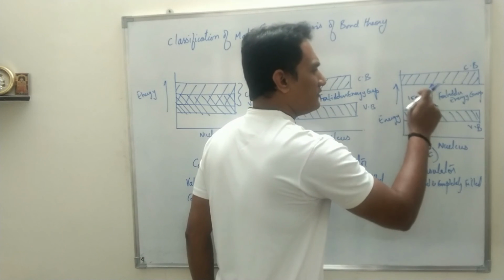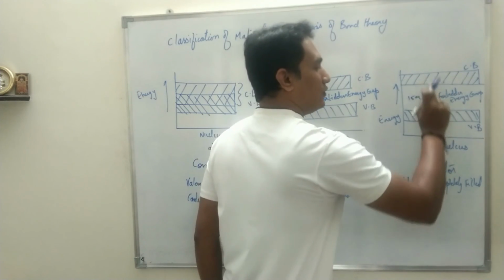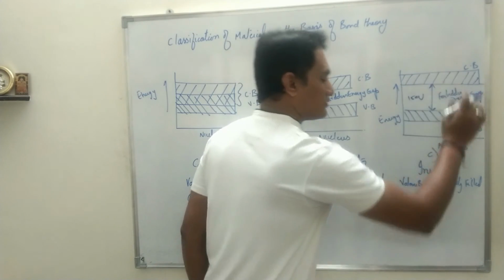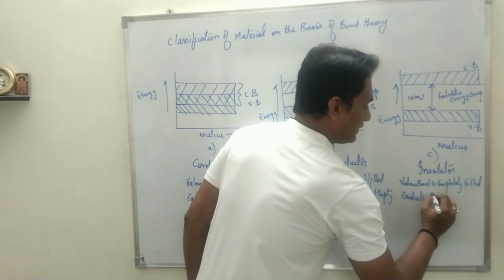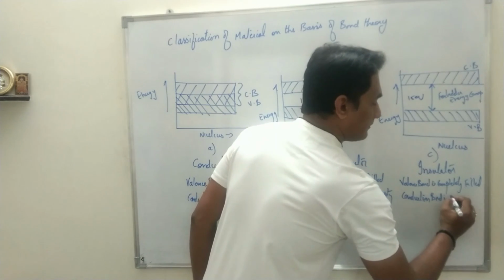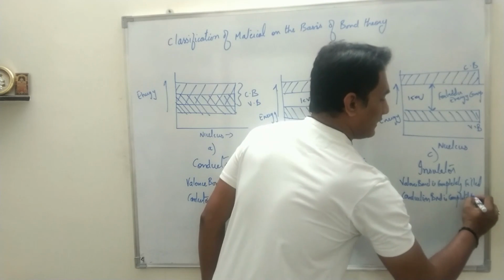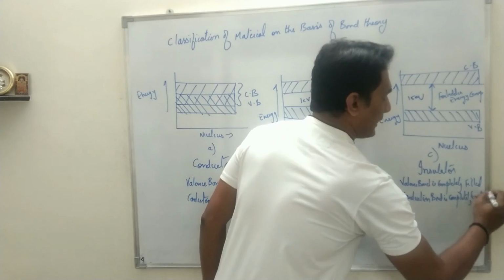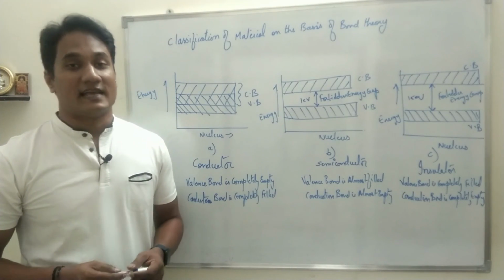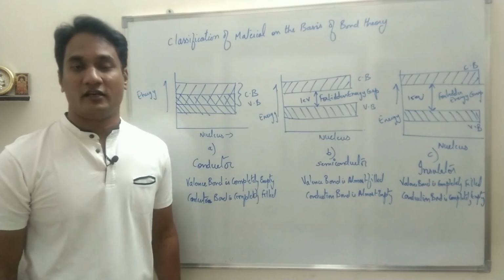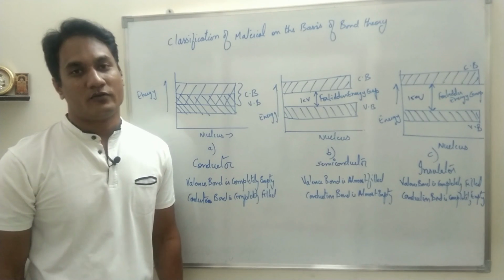This is a very large amount of energy which cannot be applied. So no electrons will move to the conduction band. So we say conduction band is completely empty. So this is the classification of material on the basis of band theory. I hope you have understood.